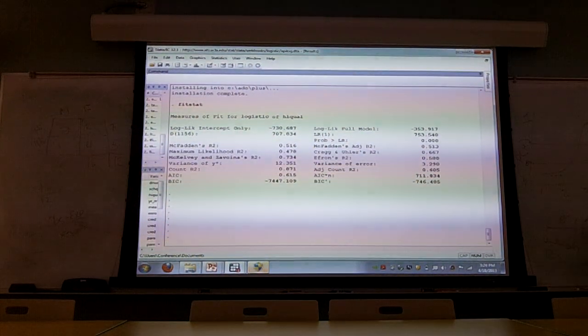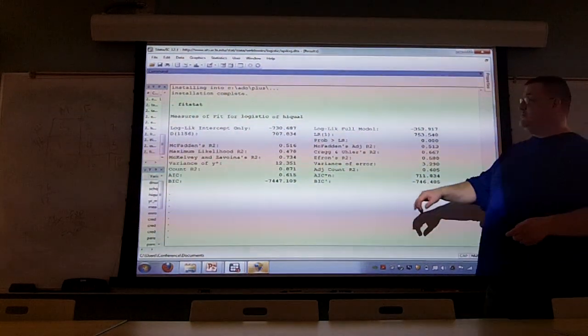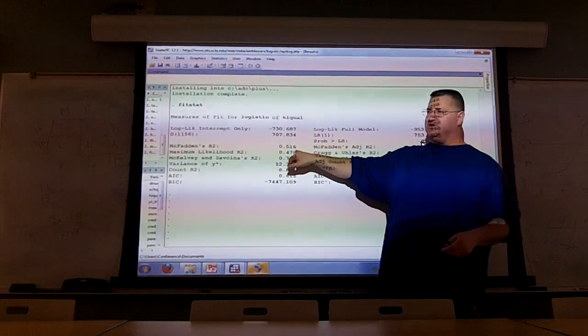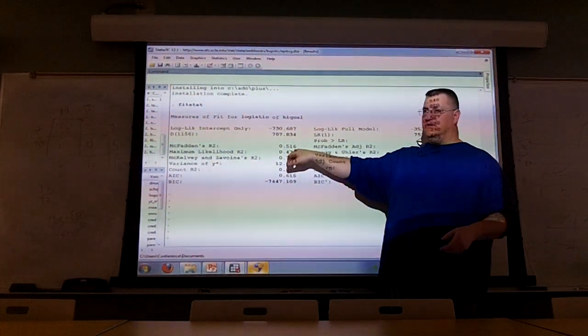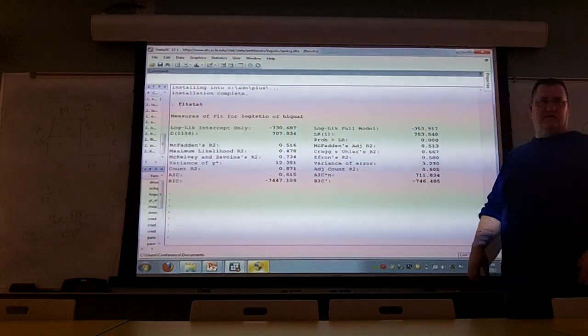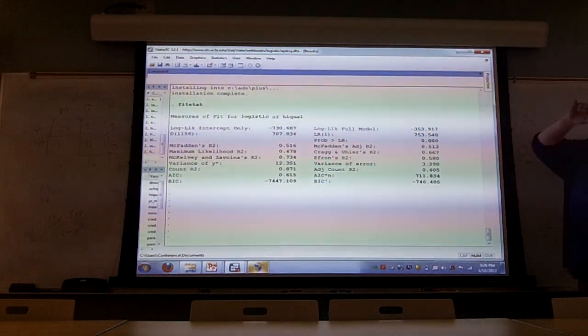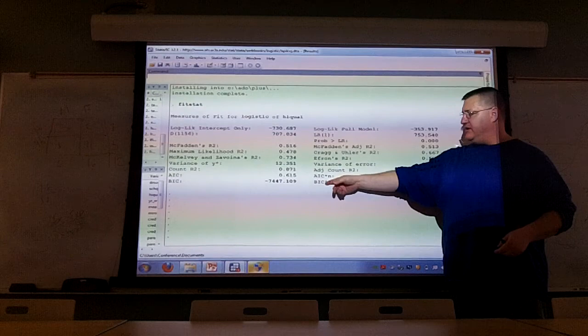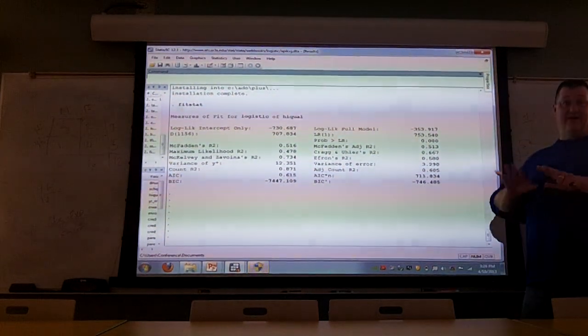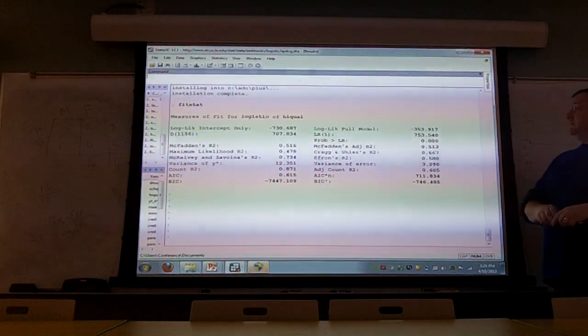So my advice is, if you're going to report the pseudo R squared, you just report that it's McFadden's R squared if you're going to use Stata. The reason I'm showing you the fitstat command is that these AICs and BICs become important for comparing non-nested models.